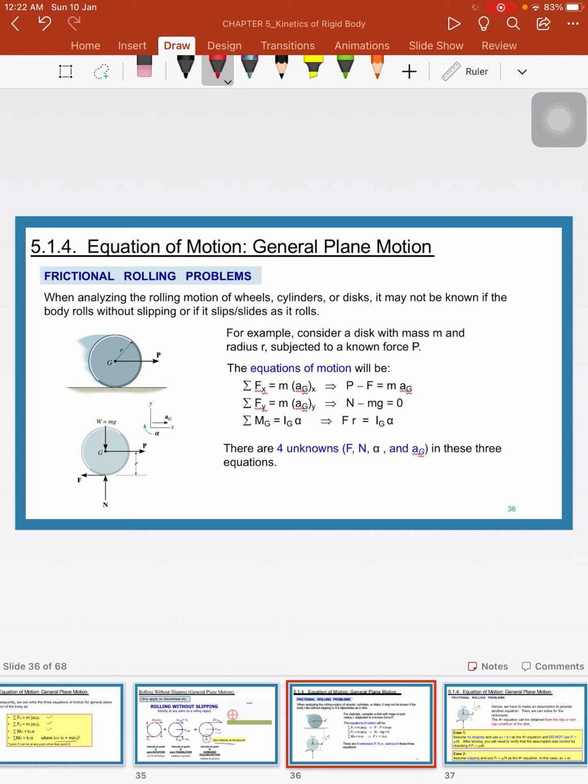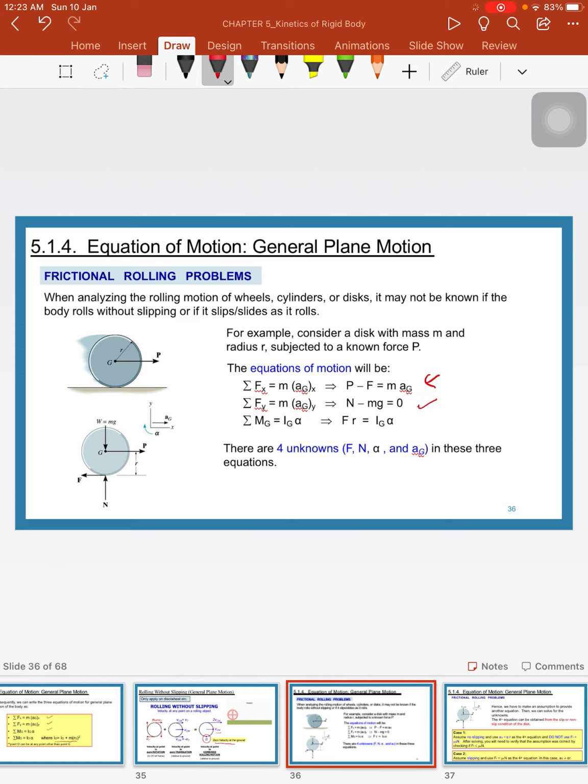The equation of motion will be summation of Fx equal to m aGx, equal to P minus F. So F is the friction force equal to m aG. And for y-axis, summation of Fy equal to m aGy. We know that m aGy is equal to 0, and normal force minus mg equal to 0.